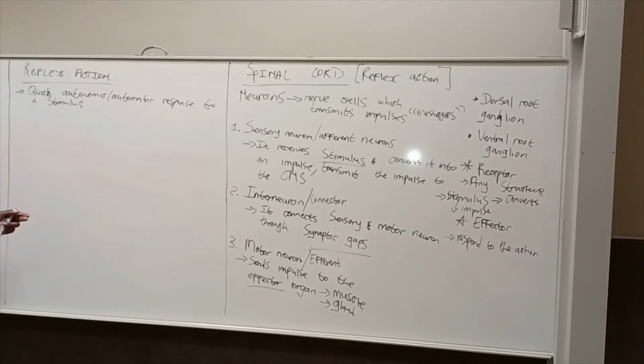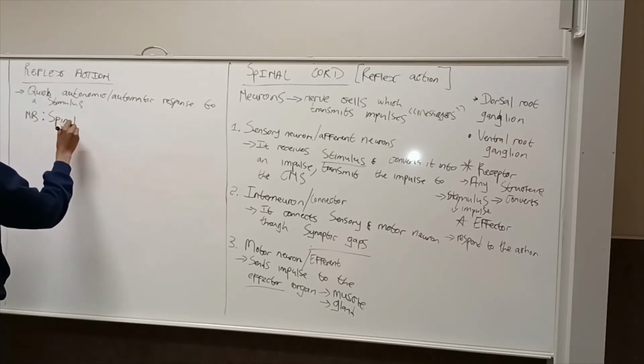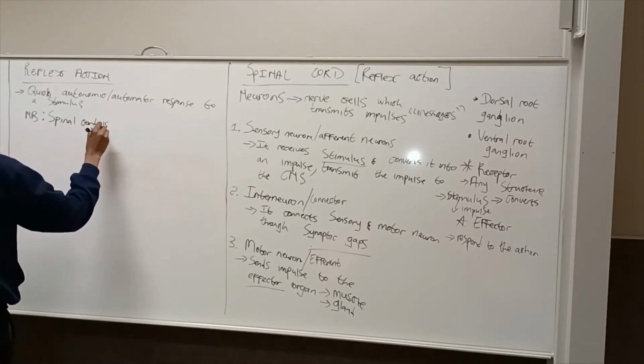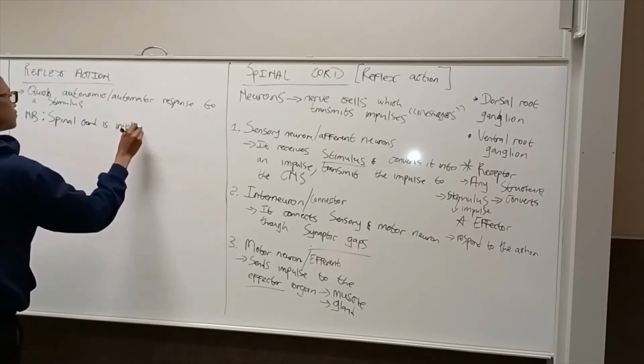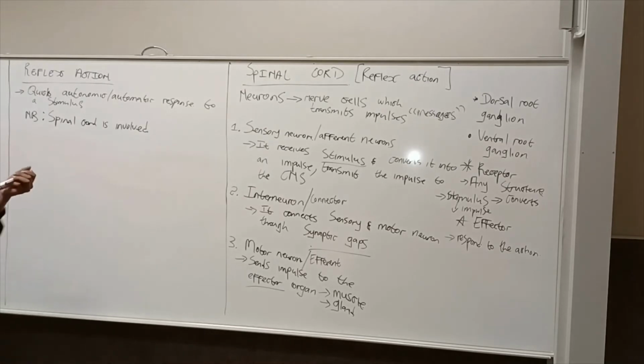The only part of the central nervous system that is involved in the reflex action is your spinal cord. The spinal cord is the one that helps you remove the hand from that hot stove. So only the spinal cord is involved during a reflex action.